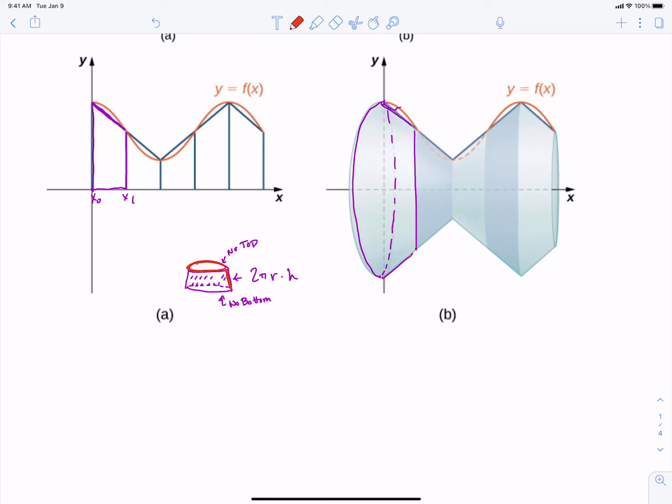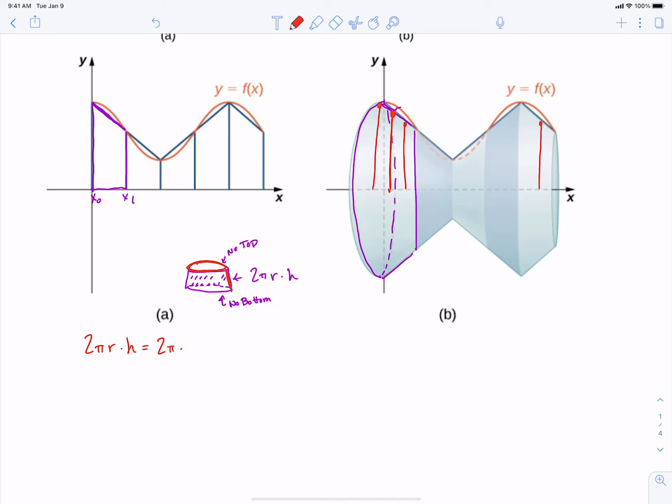Well, if we think about this now, this 2 pi r times the height, that radius, we could take some point in our interval and get our radius. We could do it there, or here, or none of these are very good approximations, but we can take it at the best place that we think for this approximation to our radius.